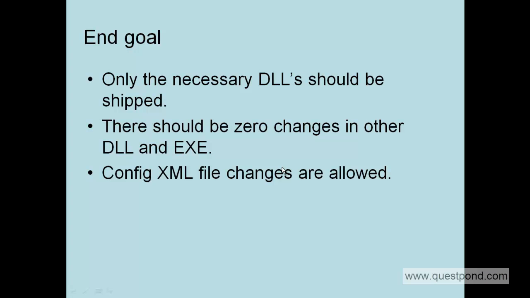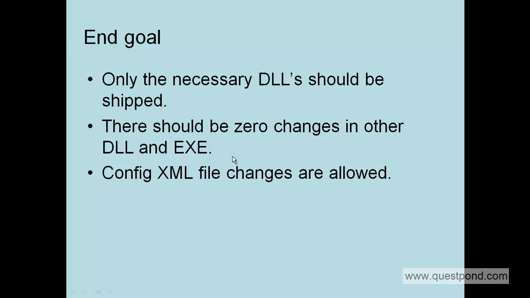So let's summarize our end goal from this current architecture. First, only the necessary DLL should be shipped to the necessary regions. A DLL which belongs to one region should not be unnecessarily shipped to another region. Second, there should be 0 changes in other DLLs and exe. Whatever new logic you have added is fine, but other exes and other DLLs should not be touched.